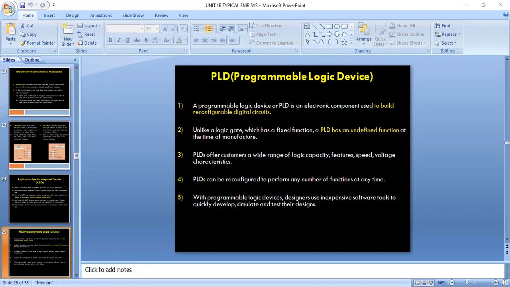If you have any small logic, like if you want to implement some AND logic, we can get that AND logic in standardized form. Suppose I need OR plus AND, OR plus AND.